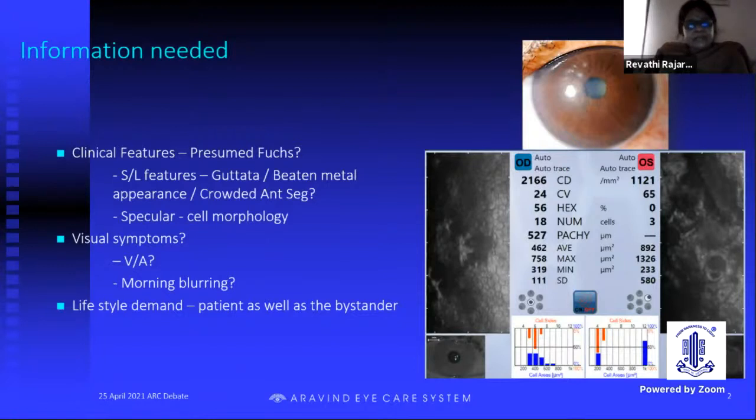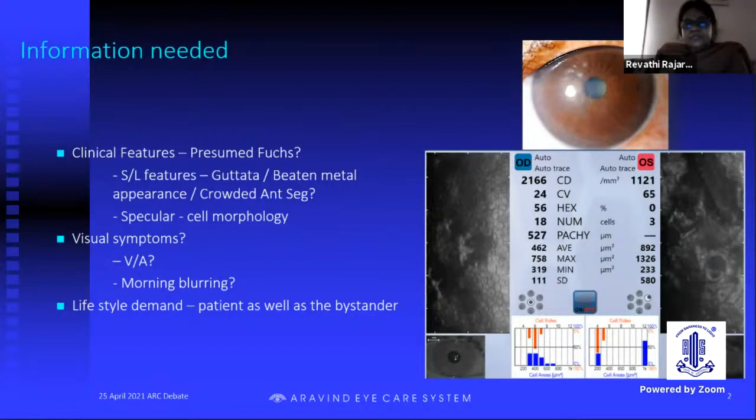Some patients can even show 6/6, but if you talk to them, they may report early morning blurring. That is a warning that this cornea, though it looks clear at the time of examination, is not always clear. Also, the lifestyle demand: whether the patient will be ready for a two-step surgery, how the cornea is going to be post-operatively, and whether they are ready to accept it and wait for another surgery.